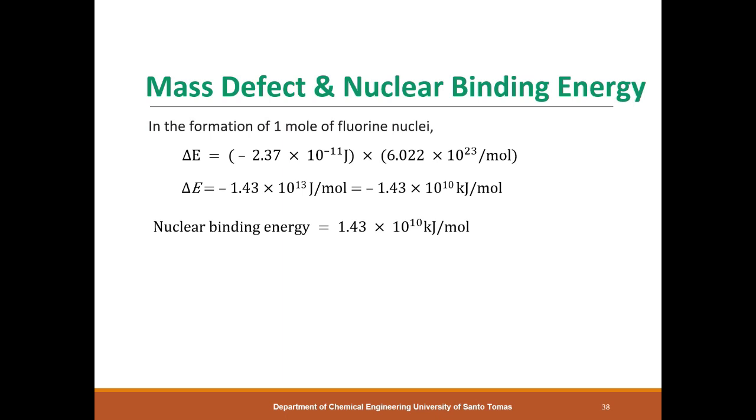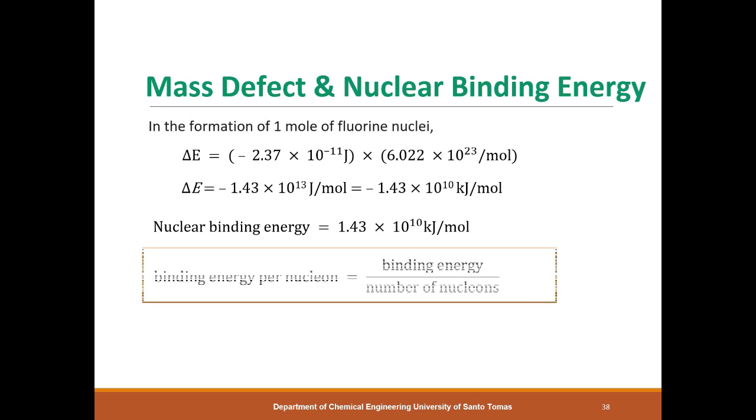As we have noted, this nuclear binding energy is an indication of the stability of a nucleus. However, in comparing the stability of any two nuclei, we must account for the fact that they have different numbers of nucleons. So for this reason, it is more meaningful to use the nuclear binding energy per nucleon, which we define as the binding energy divided by the number of nucleons.